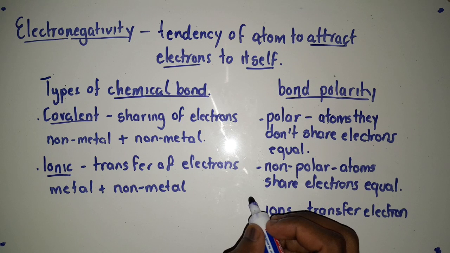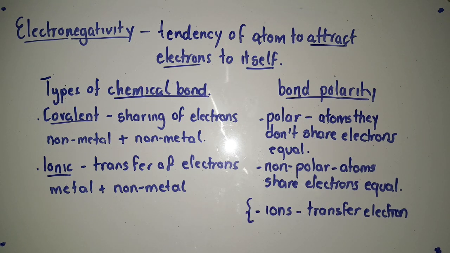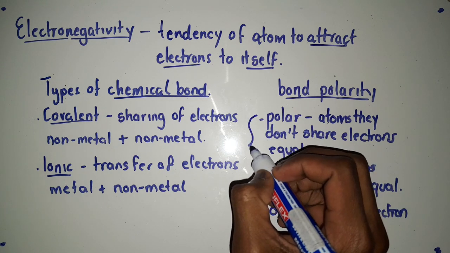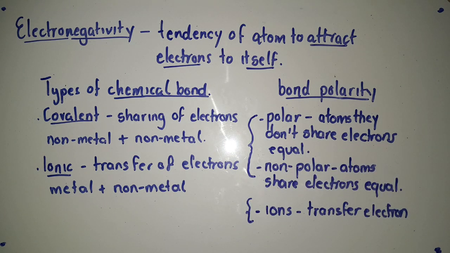This bond polarity is for the ionic compound, while those two are the bond polarity for the covalent bond.